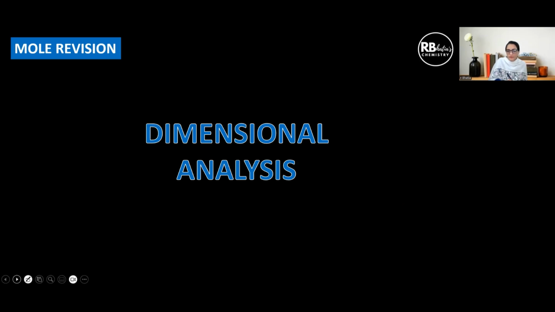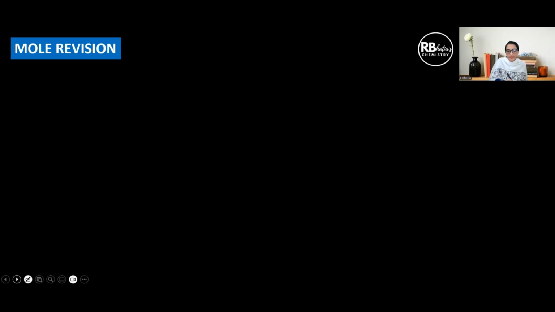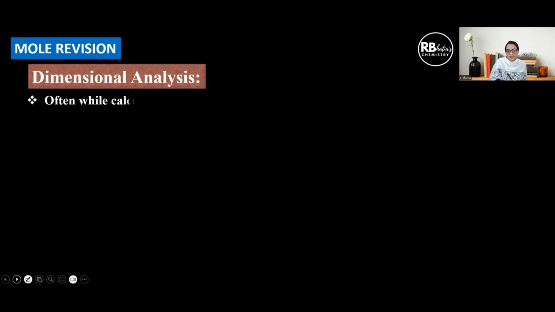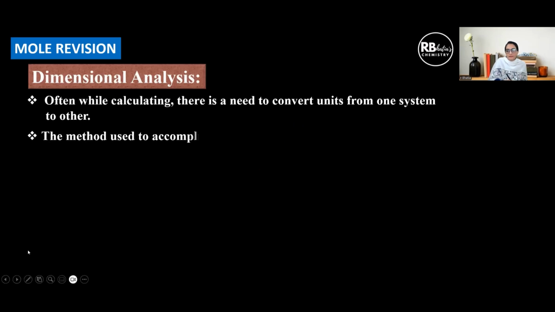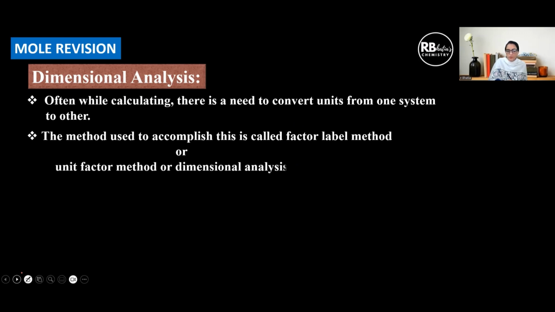Now, based on this table, we are going to use dimensional analysis. What is dimensional analysis? When we convert one system of units to another, that is dimensional analysis. And according to your NCERT, there's a method which is called unit factor method or dimensional analysis. This method is explained for converting one form of unit to another.